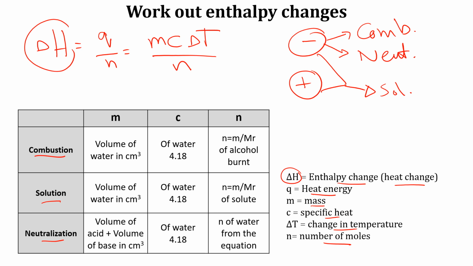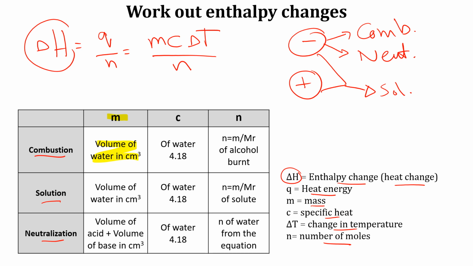Okay. For the combustion reaction, m is for the volume of water in cubic centimeter. And we have said before that we can use the volume as mass because the density is 1, and it is a valid assumption.